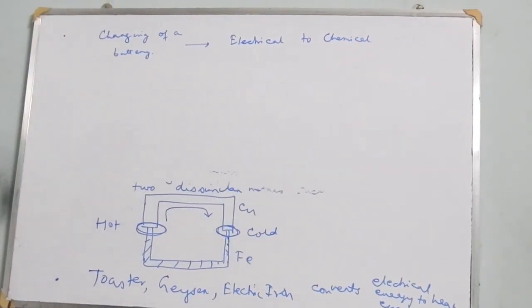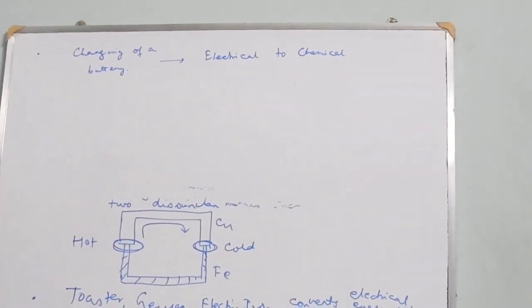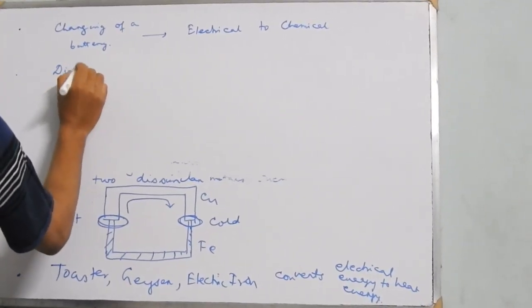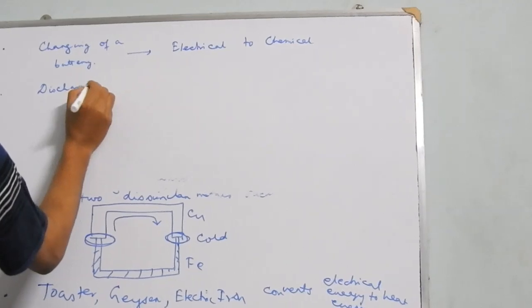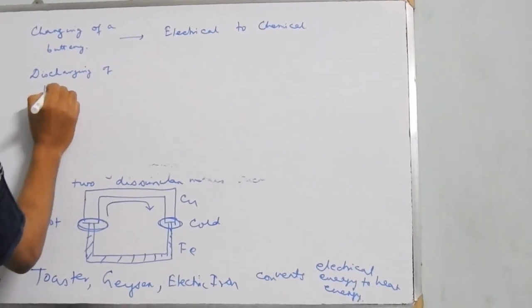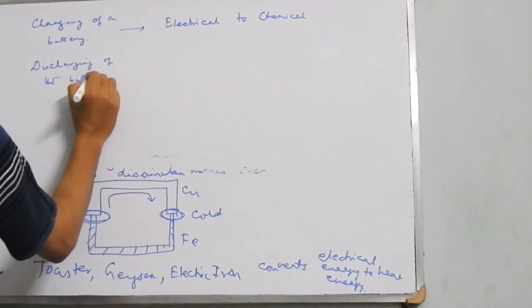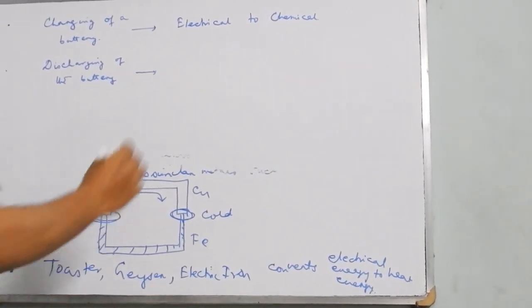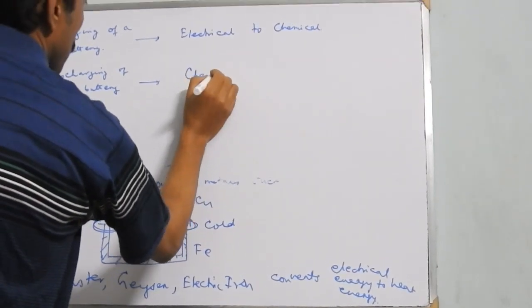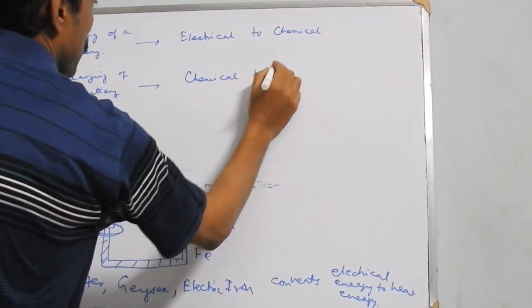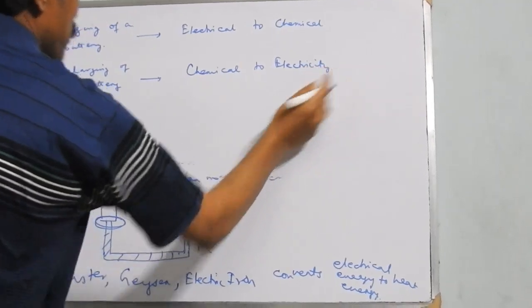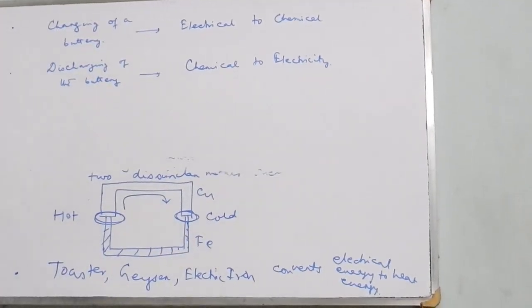But when the battery is in use, when current is drawn from the battery, what we call discharging of the battery, then the opposite happens, that is, chemical energy is converted to electrical energy. So a rechargeable battery is an example where you get both electrical to chemical and chemical to electrical.